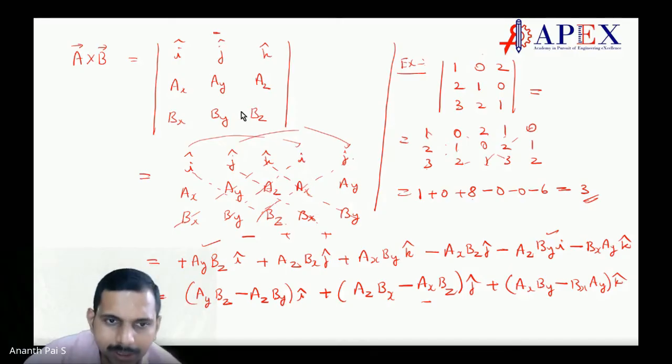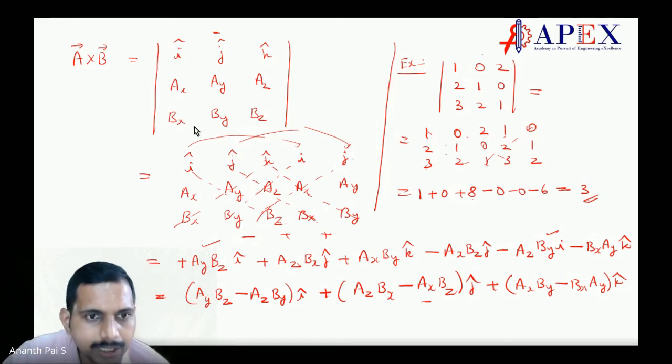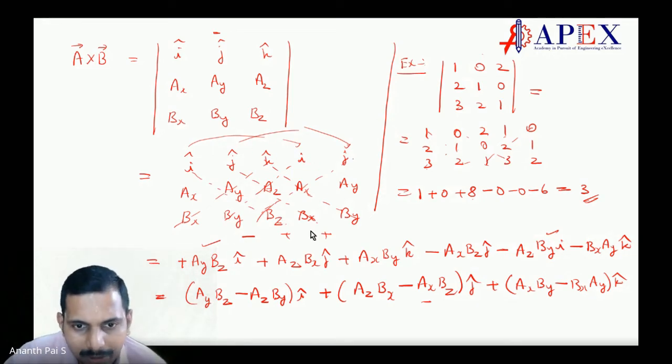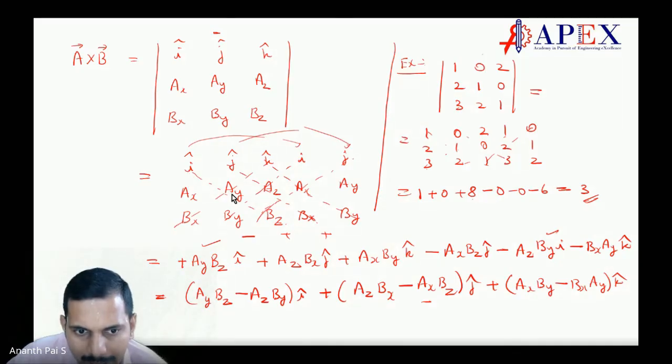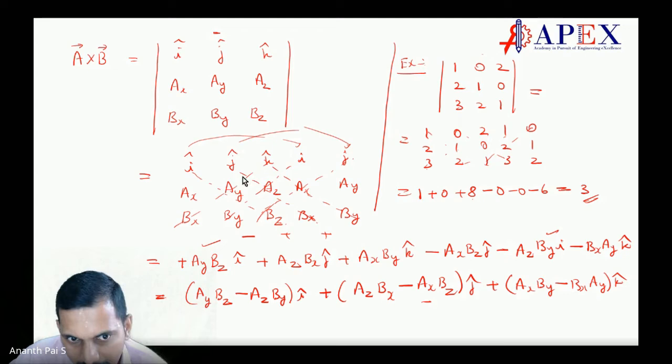The method is, if you write ijk and then again repeat this ij, you can directly do i(AY BZ), j(AZ BX), k(AX BY). Then when you come in reverse, you do minus: AX BZ j, AZ BY i, BX AY k, this way, minus. That will give you the determinant.